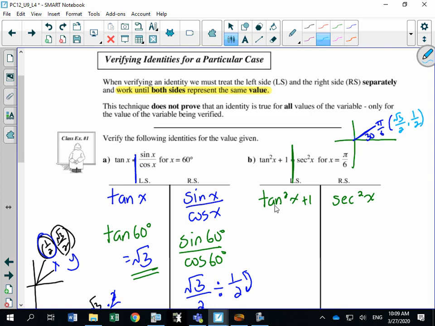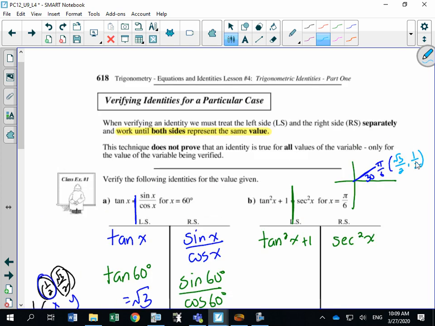Okay, so tan squared x plus 1. So for this coordinate here, what's tan? So remember that tan is y divided by x. So tan is 1 over 2 times the reciprocal of this. Okay, this would be 1 over root 3.